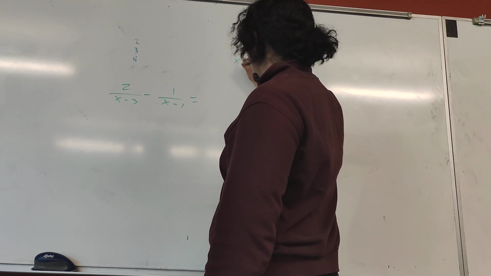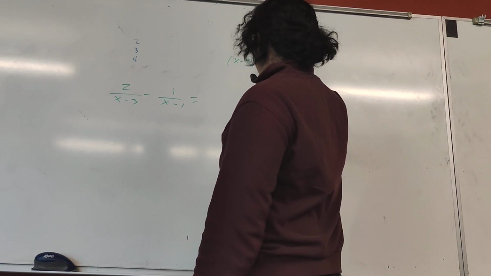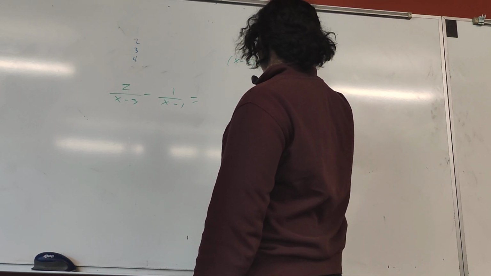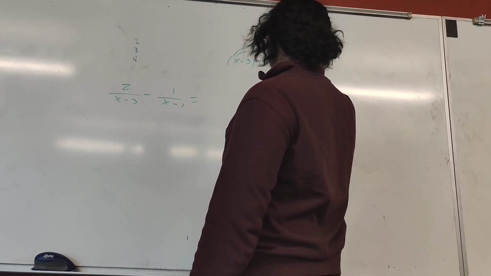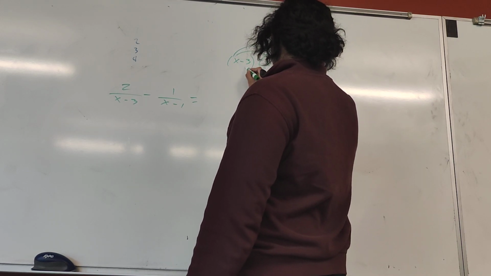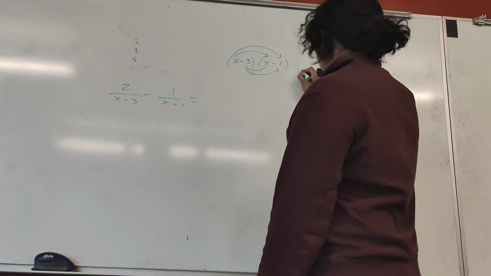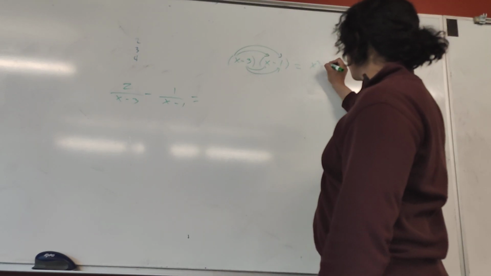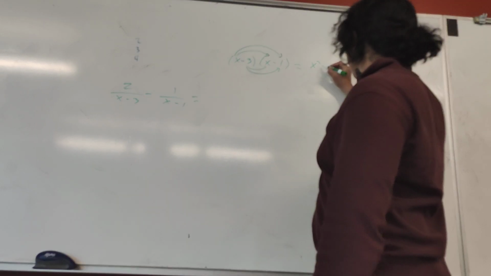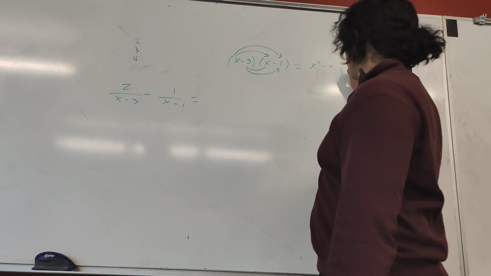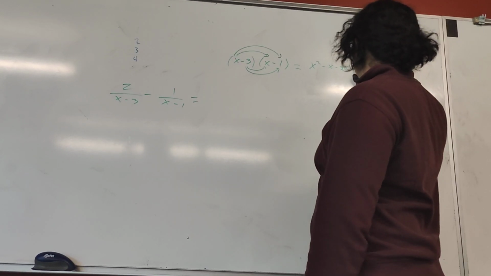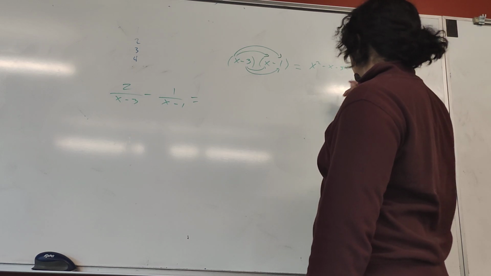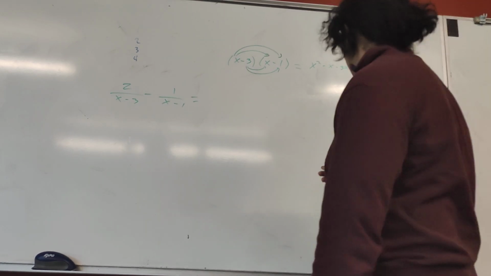Well, we're going to do the distribution property. x minus 1. And this should equal x squared minus x minus 3x plus 3.